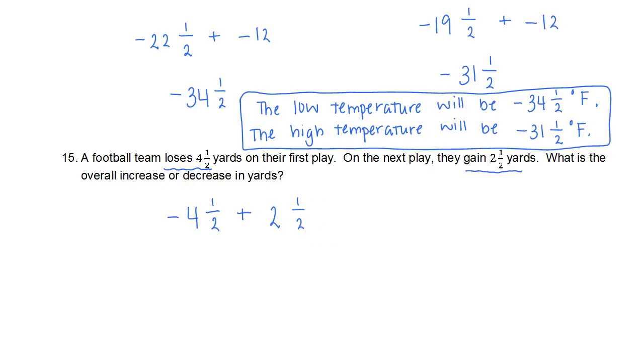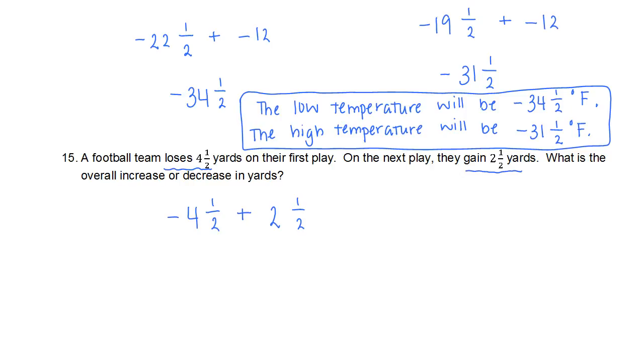Okay, now I have a negative number and a positive number, so I know there are going to be 0 pairs, and it's a little bit harder when I'm working with mixed numbers. Again, like I said on the previous page, we could leave these as is, or we can make them improper fractions, which I think is the easier way to go.